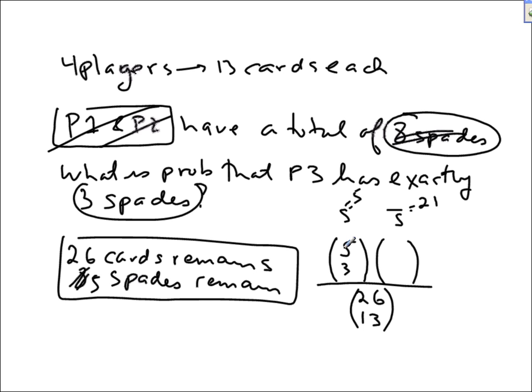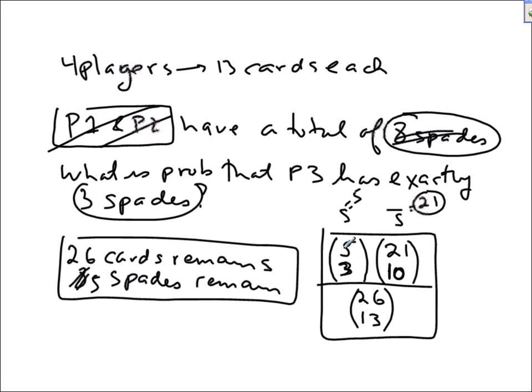Player number 3, just like every other player, is going to get 13 cards. So from the 21, player number 3 is going to get 10 more cards. They've already taken 3, and now they are going to be given 10 more. This is the probability that player number 3 will get exactly 3 spades from the remaining 5, if they're going to get 13 cards.